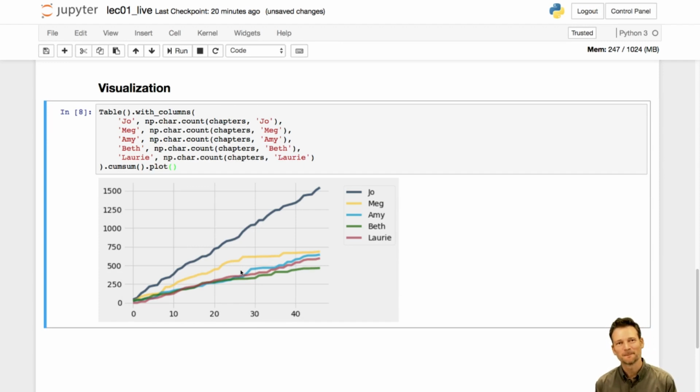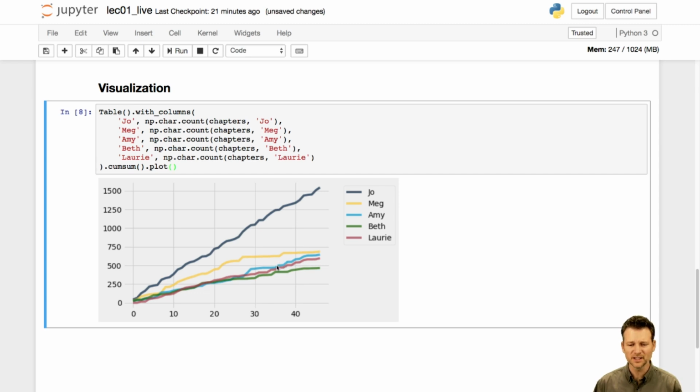Okay, this is a tough one. But if you said Amy, you are right. Well done. So why is it Amy? How can you tell this is Amy? Well, if you look closely at the red line for Laurie, somewhere around chapter 35 and later, you can see Laurie's line wiggles up and kind of wiggles a little bit.